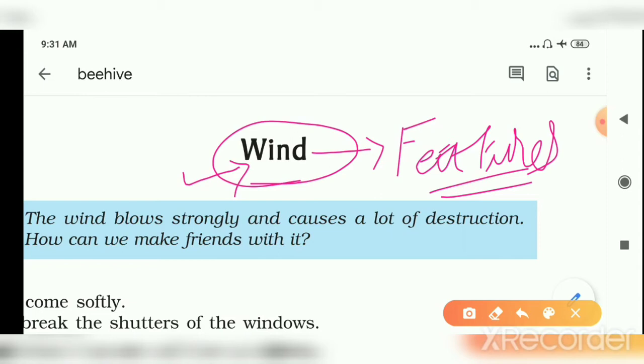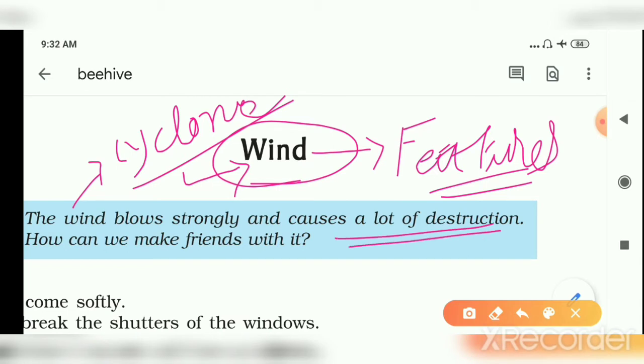In the introduction paragraph only it is written, the wind blows strongly. If it blows strongly, that is cyclone, and causes a lot of destruction due to cyclonic wind. How can we make friends with it?